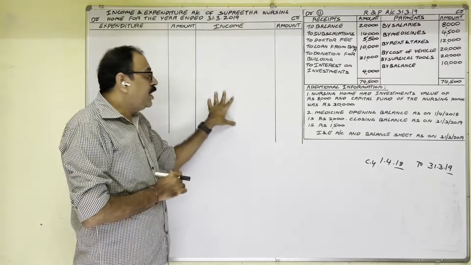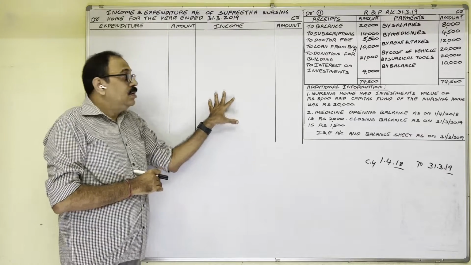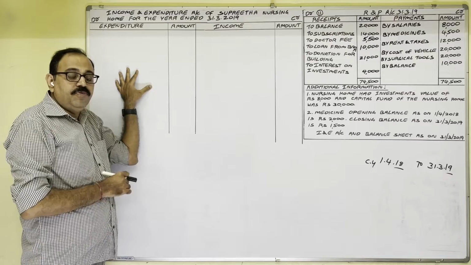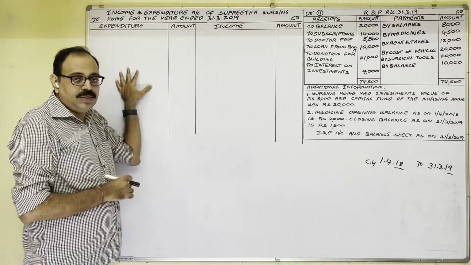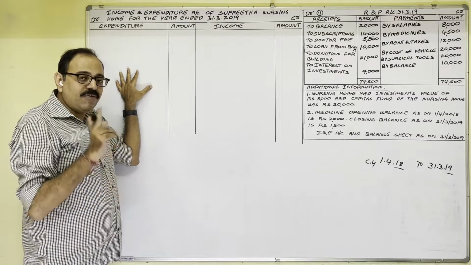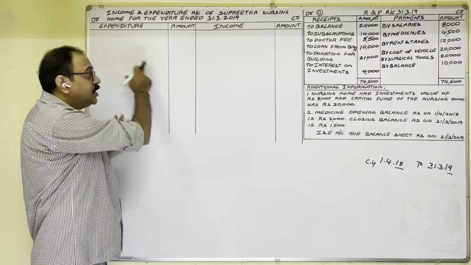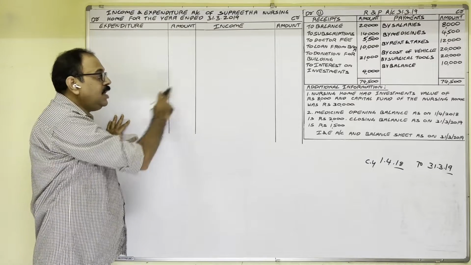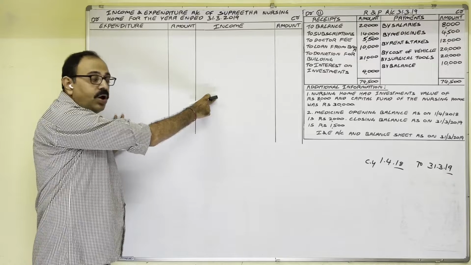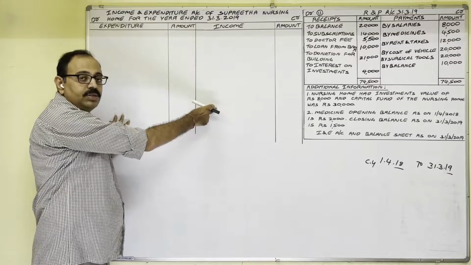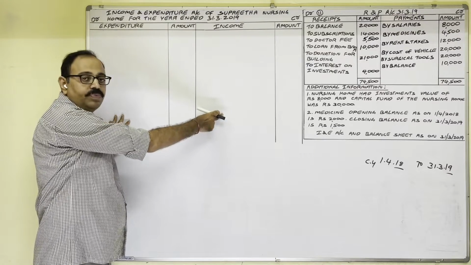So while preparing the income and expenditure account, on the expenditure side we should not take capital expenses. Only revenue expenses we have to show on the debit side of this account. Similarly, on the credit side, we should not write capital incomes. Only revenue incomes we should show.